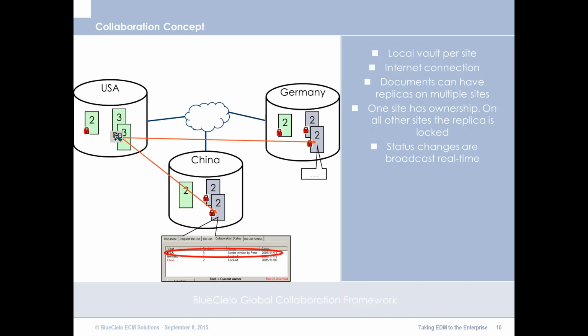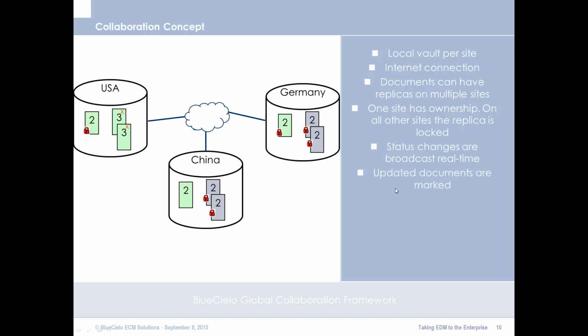And then status changes are broadcast real time. So that means if a user in the USA checks in, the file status changes immediately to checked in. But the new document may not replicate to the other sites yet, because that is controlled under the scheduler.